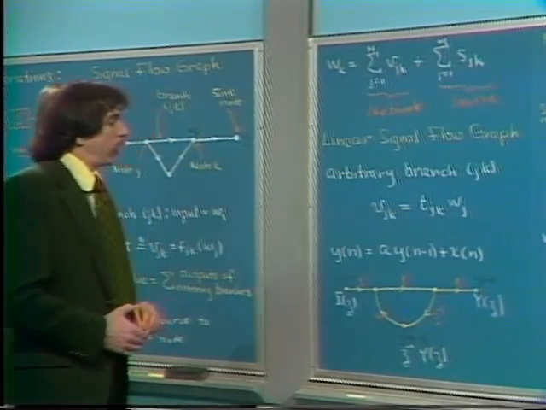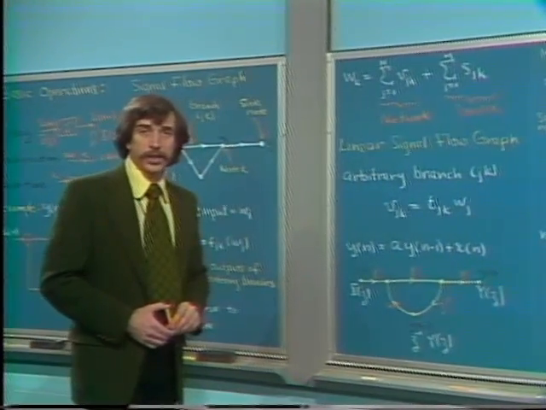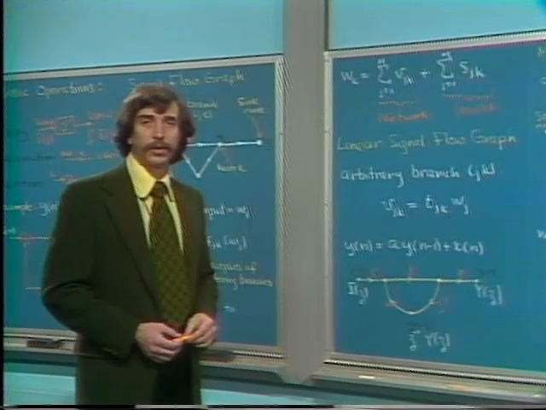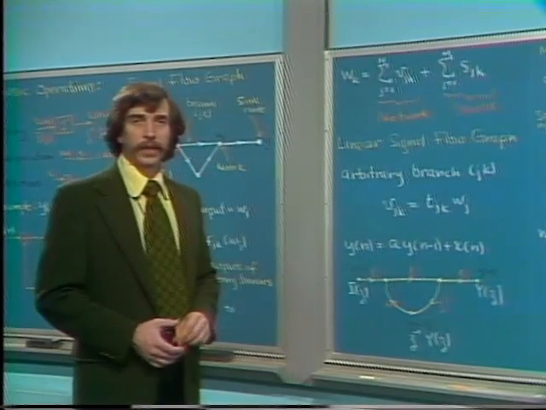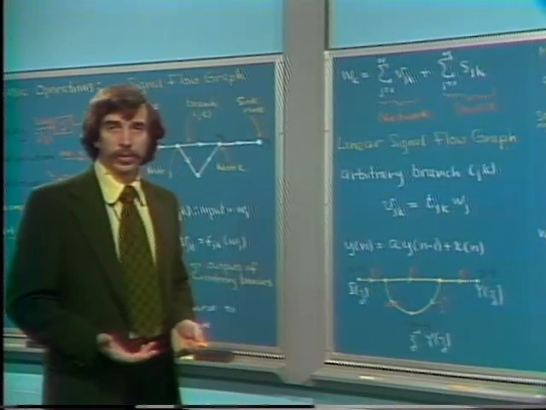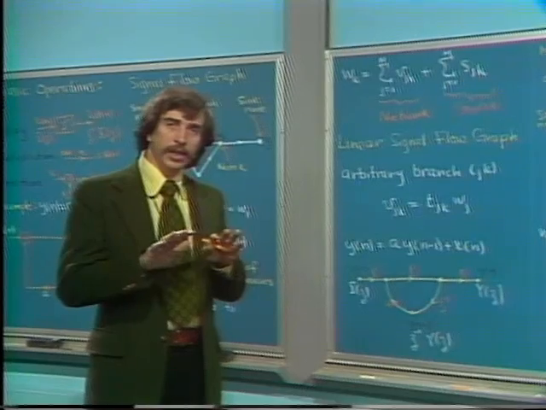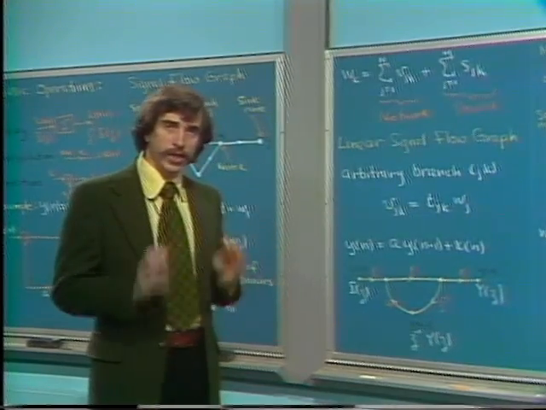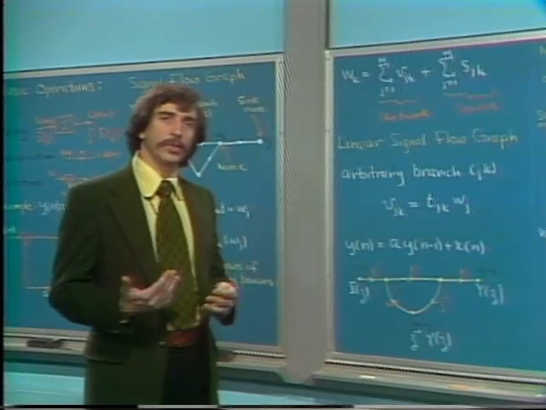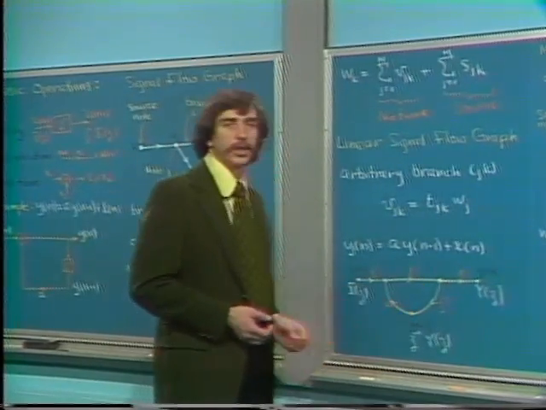Now, what a flow graph or a block diagram is, as I've stressed, is a graphical representation of the difference equation. And what it, in turn, corresponds to is a graphical representation of a linear set of equations, a set of equations which describe the relationships among the various variables or among the nodes in the digital network.